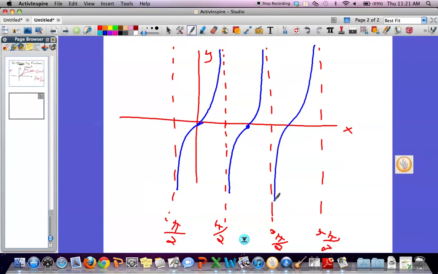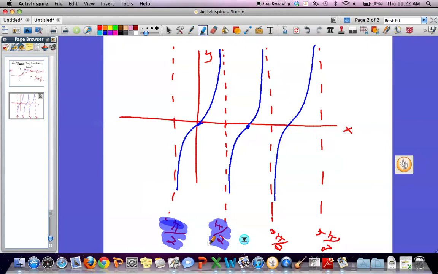So what we do so that it will have an inverse is we restrict the domain. I'll graph this again on the next page, but we're going to restrict the domain from negative pi over 2 to pi over 2. That will give us all of the values that we need.